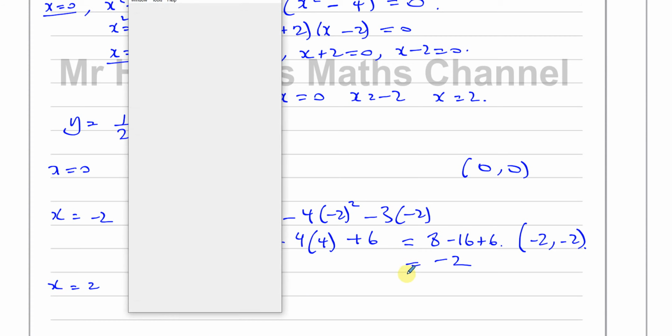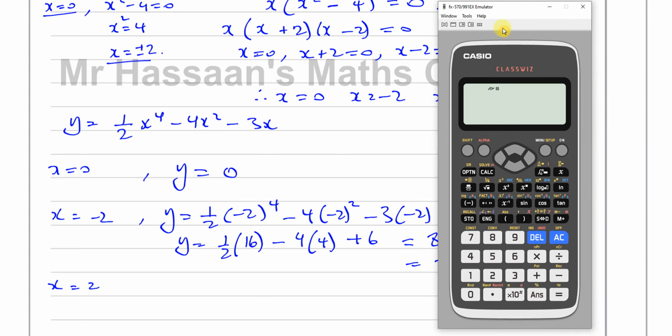When x is negative 2, y is negative 2. If you want to make sure with your calculator, in case you have some doubts, you can do that very easily. You can just stick that in here.